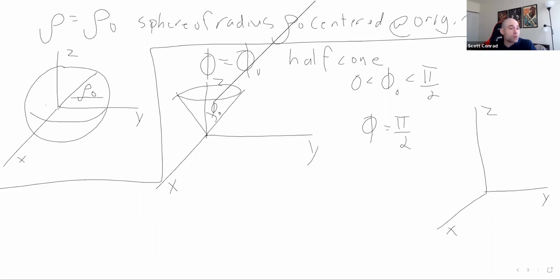Not parallel to the xy plane, it is exactly the xy plane, right? So the y-axis is going to be on there, the x-axis is going to be on there, and you just rotate those around, and you get exactly the xy plane.